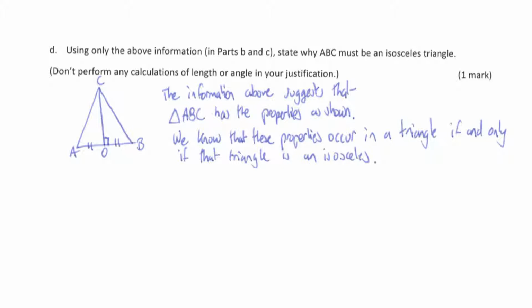I know some of you went into a justification of congruent triangles, AOC and BOC, etc. But I was just after the fact that any triangle of the form you see, if it has those properties, will have them if and only if it is in fact isosceles. In fact, proving a triangle has those properties is equivalent to proving it is isosceles. So that's all I was looking for there, but of course I'll be a bit lenient because it wasn't entirely clear maybe what was expected of you.